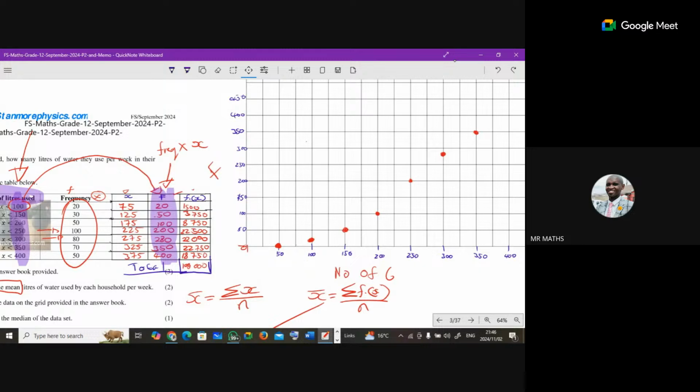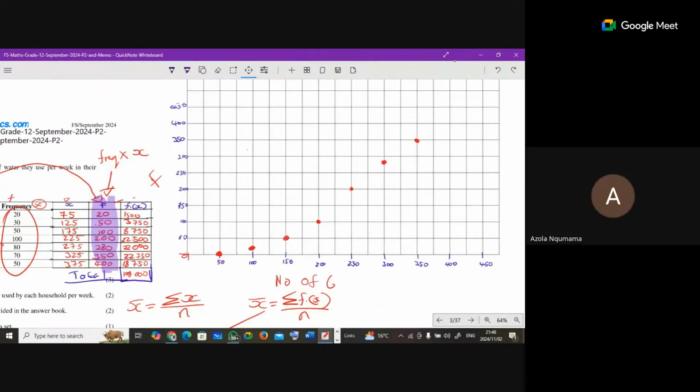U-350 still uhamba no-350 ne? U-400 uhamba no-400, right? Yes. So, which is our last point. Then bese uconnecta i-ogive yakho.